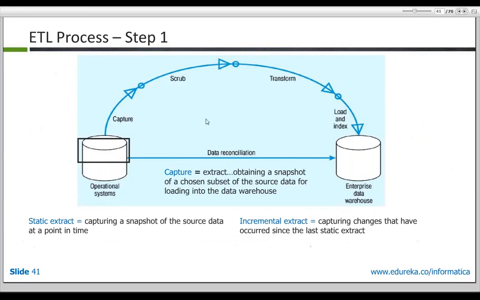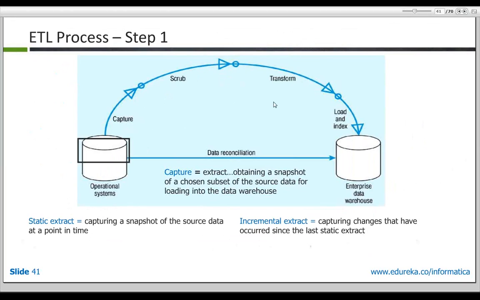A simple view of how you read from the operational systems or source system in a typical data warehouse. You capture the information, scrub it, meaning you massage the information, remove the unnecessary information, tune it, put it into a unified format, and do all kinds of transformations.